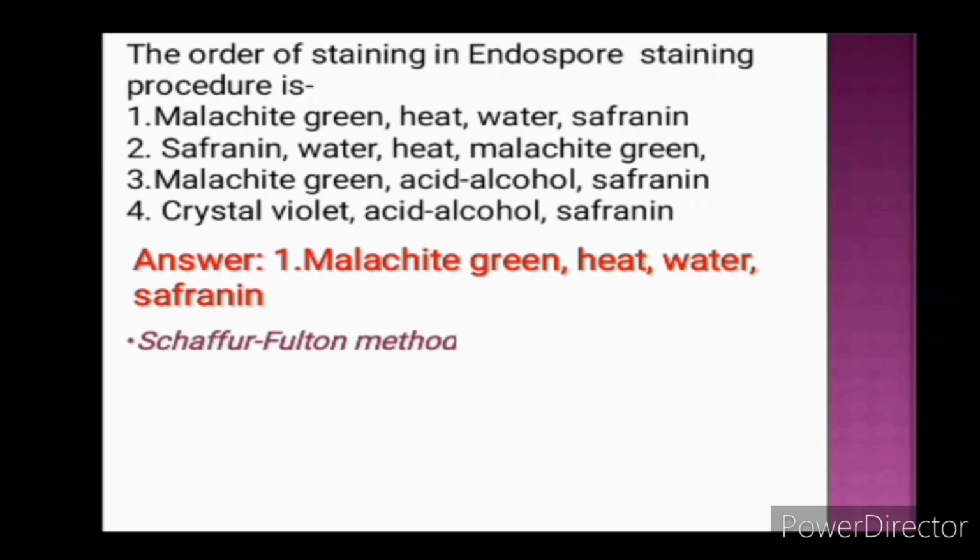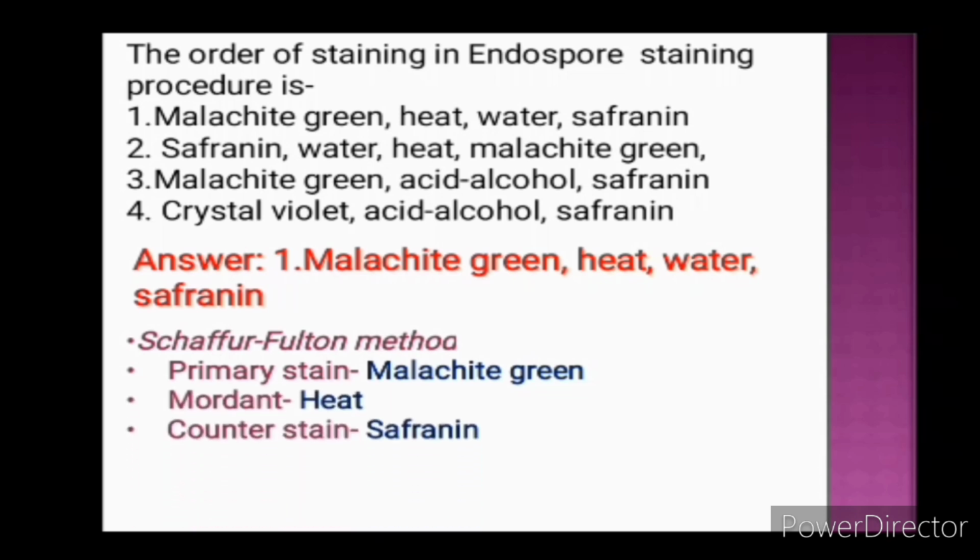This procedure is known as Schaeffer-Fulton method. Here malachite green acts as primary stain, heat acts as mordant, water acts as decolorizer, and as counter stain safranin is used. And the endospore appears green in color upon endospore staining, and the vegetative cells appear red on endospore staining.